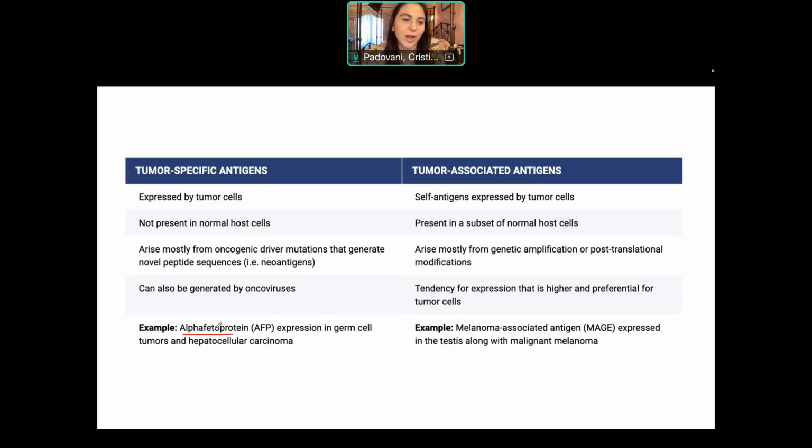You shouldn't have AFP in hepatocellular carcinoma, on the liver cells. So that's a tumor-specific antigen for hepatocellular carcinoma, for example. This one is saying tumor-associated, like MAGE, melanoma-associated antigen, which is expressed in the testes along with malignant melanoma. So I guess that's not really a good example. The CD21 I think is much better. It's already there on your normal cells, but in way higher amounts on the cancerous cell.